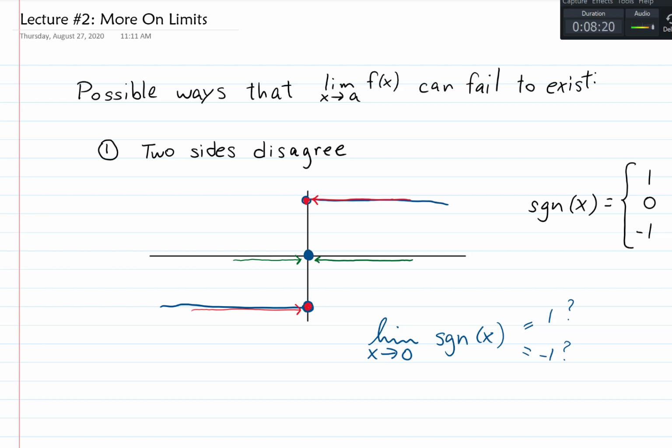If it's trying to approach two different numbers, a different number from each side, then that means it is not trying to approach a single number. And so the answer to the question is no. It doesn't approach a number. It's trying to approach two different numbers. And so that limit does not exist.